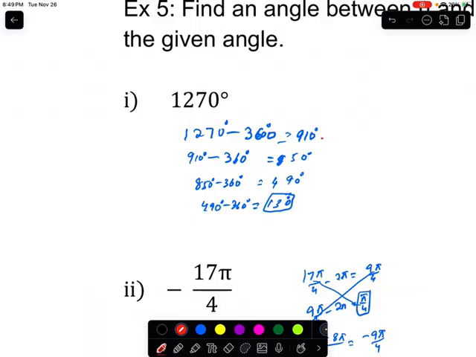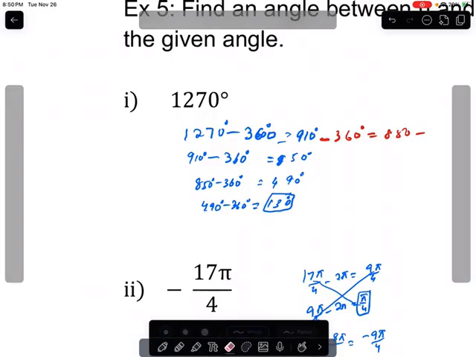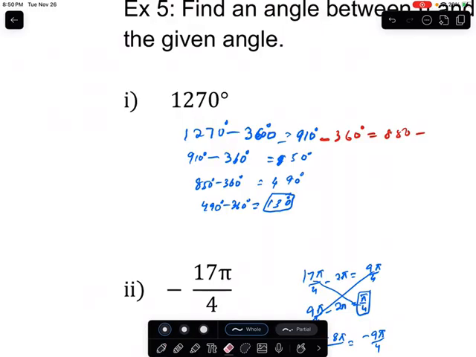But note, we do not write it this way, where you get the answer 910 and then put 360 on the same line. It's wrong mathematics. It will give you the correct answer, but the mathematics is completely wrong. You have to go to the next line to do the next step.